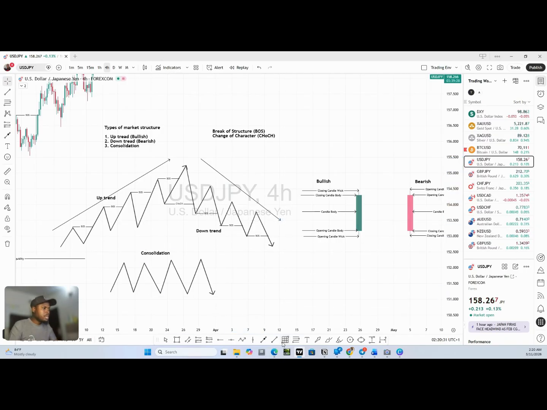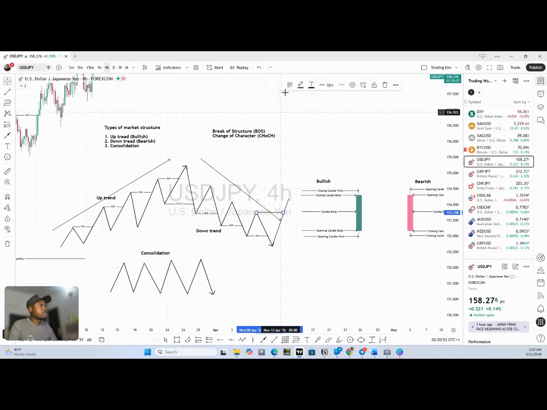And at the same time, if the market wants to change from downtrend to uptrend, maybe from here, it will just give us a change of character. That's when we will know, okay, the market is going to change from bearish to bullish.